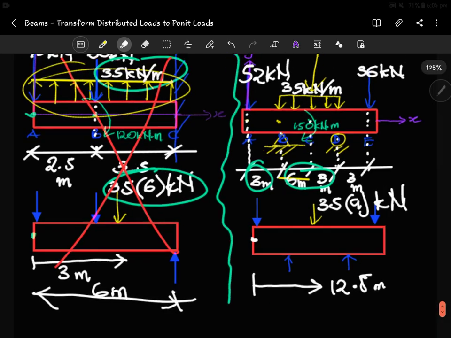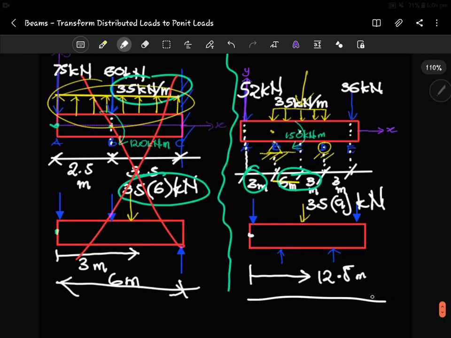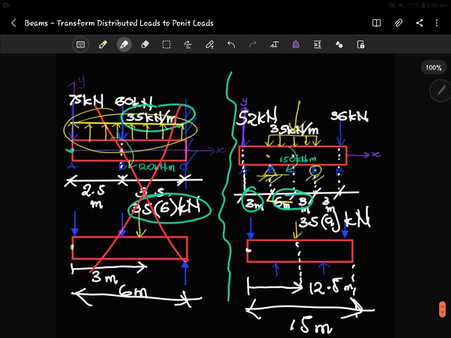And we know this right here is the entire beam, right? And that's 9 plus 6, that's 15. The entirety is 15 meters. But the uniform distributed load, transformed to a point load, acts about here, at 12.5 meters from the origin.